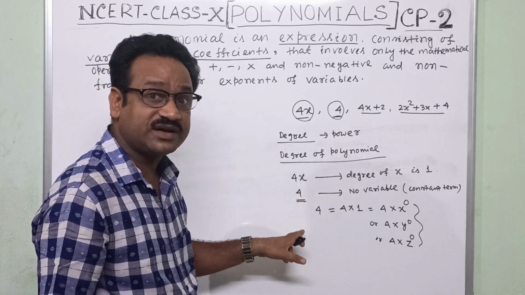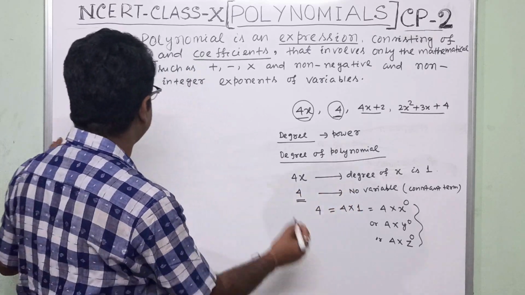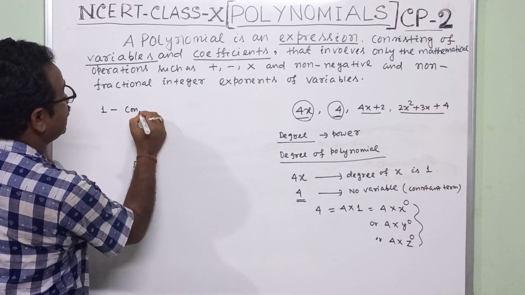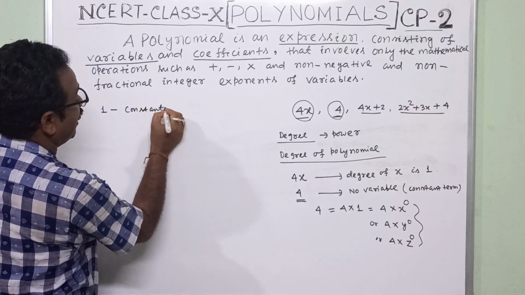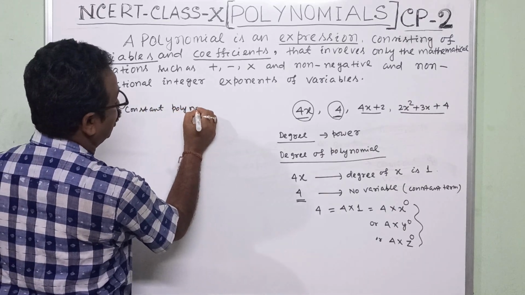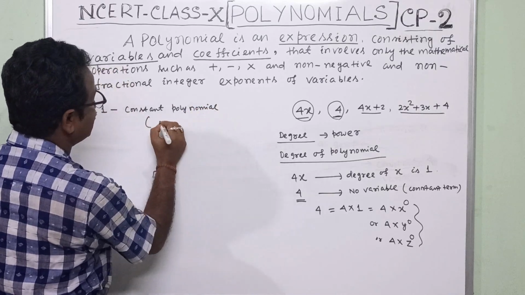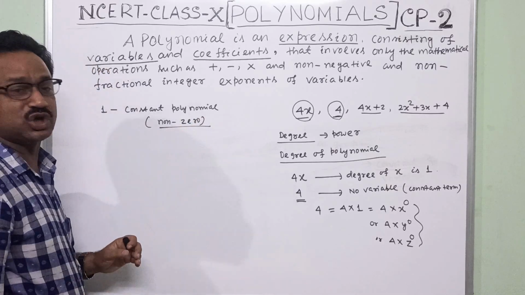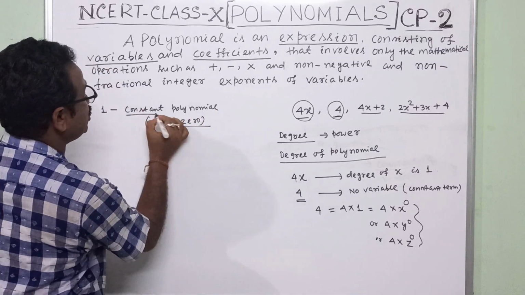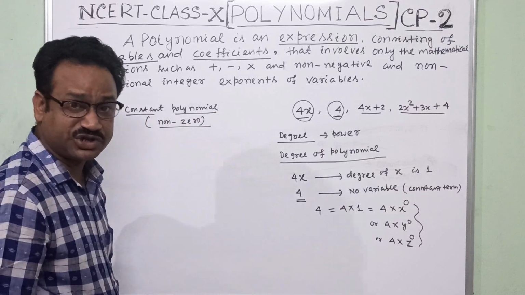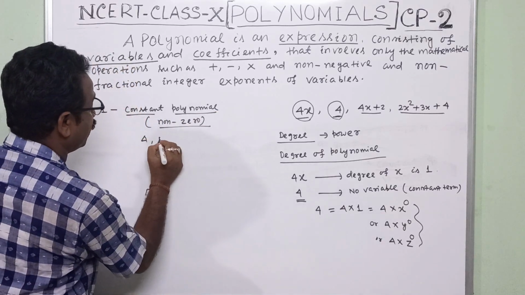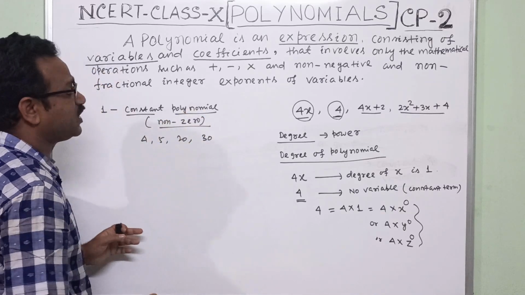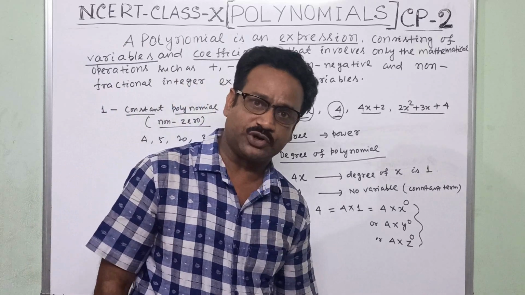That is called a constant polynomial, specifically a non-zero constant polynomial: 4, 5, 20, 30, whatever it may be.